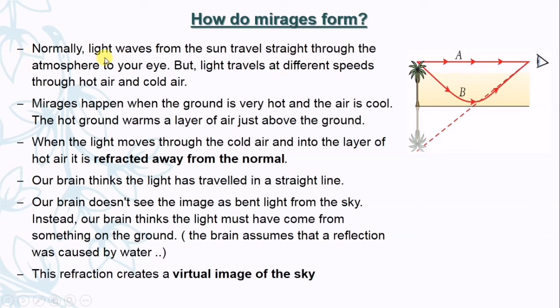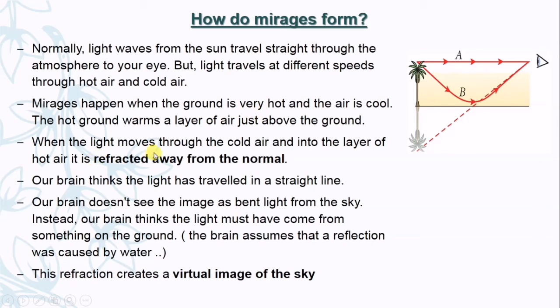Normally, light waves from the sun travel straight through the atmosphere to our eye, but light travels at different speeds through hot air and cold air. Mirages happen when the ground is very hot and the air is very cold. The hot ground warms a layer of air just above the ground.